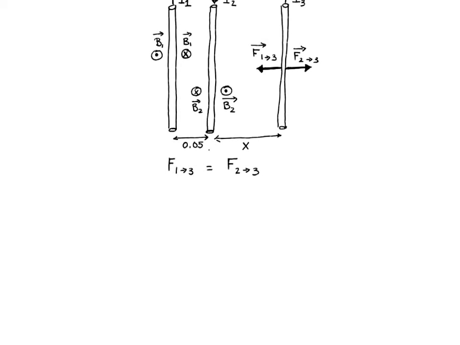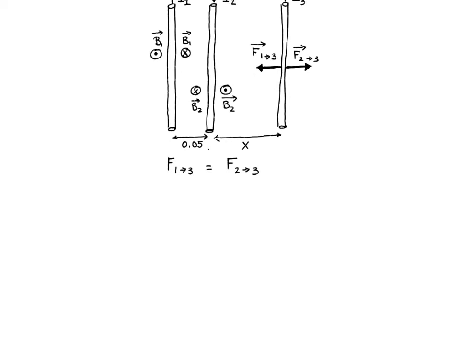So the angle between B1 and I3 will be 90 degrees. Similarly, if you put your thumb along I2, you see that your fingers go into the page on the left hand side of the picture, and they go out of the page on the right hand side of wire 2. So the angle between current 3 and magnetic field number 2 is also 90 degrees.